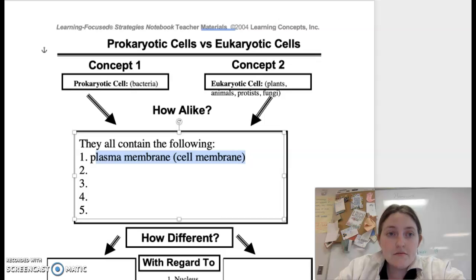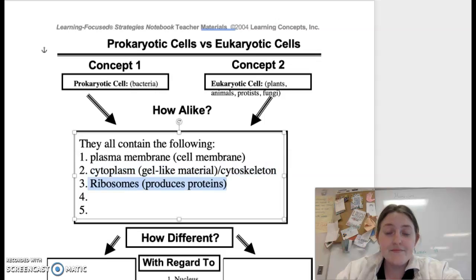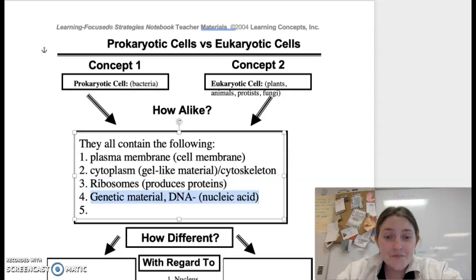Well, first, they all have a plasma membrane. They all have cytoplasm. All cells have ribosomes. They all have genetic material. And they all share the characteristics of life.